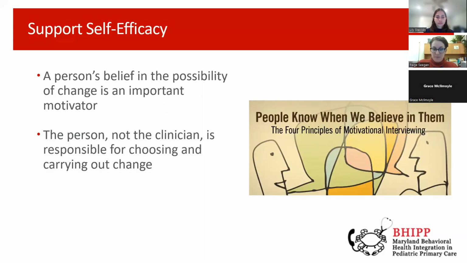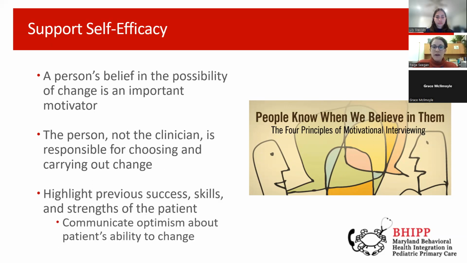We want them to be responsible for choosing and carrying out change. This is how we as providers can be helpful: we can highlight past successes, and the skills and strengths that we see in our patients that will help them achieve change. You can communicate optimism about the patient's ability to change, and not just say, you can do this. I know you can make this change. There's a difference there.